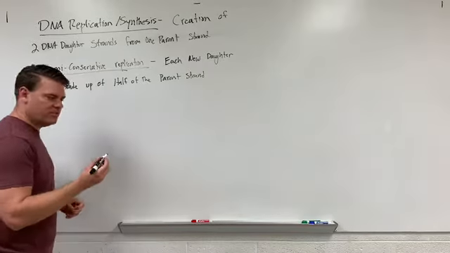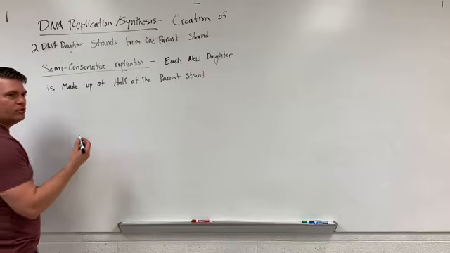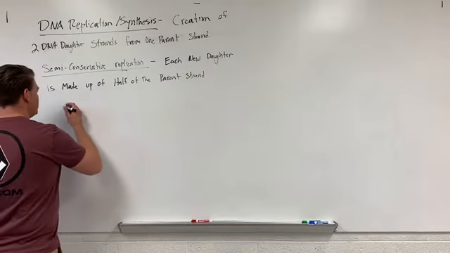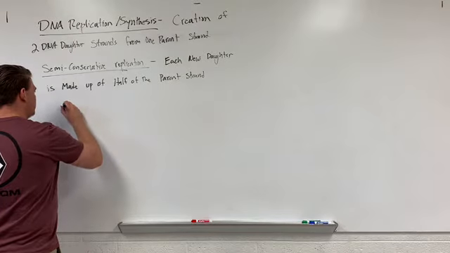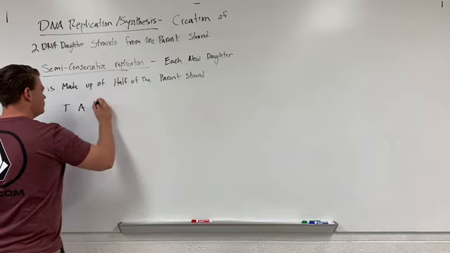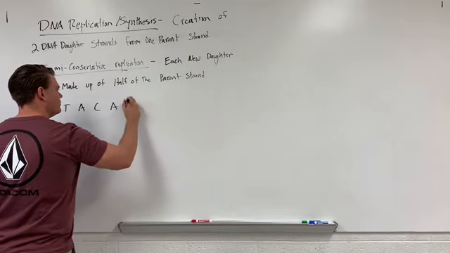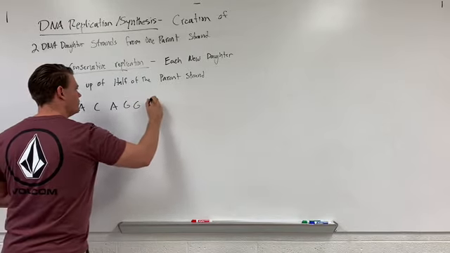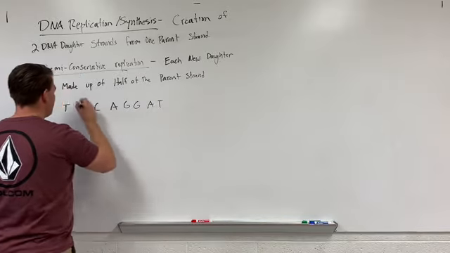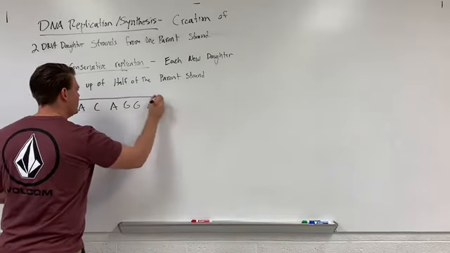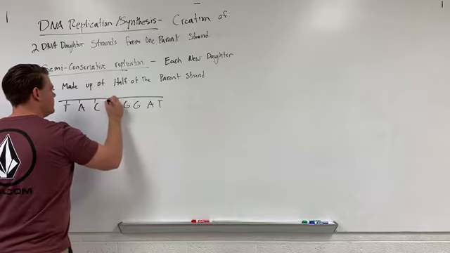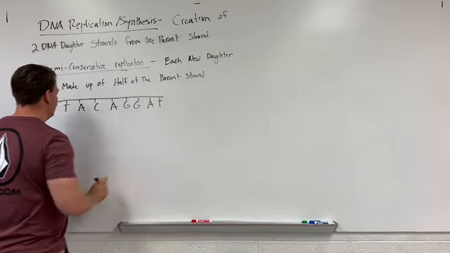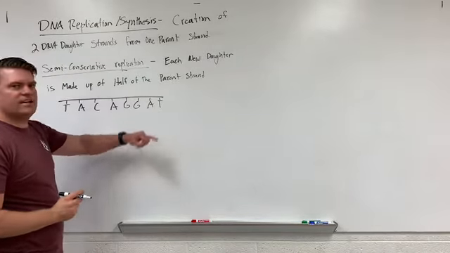And so let's draw this out again. We're going to do this a little bit different. We're going to add multiple base pairs. So let's say our original strand looks like this. It's TACAGGAT.